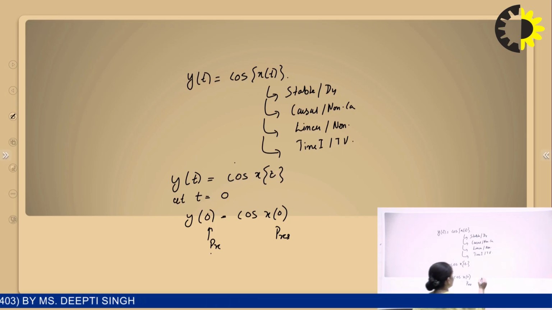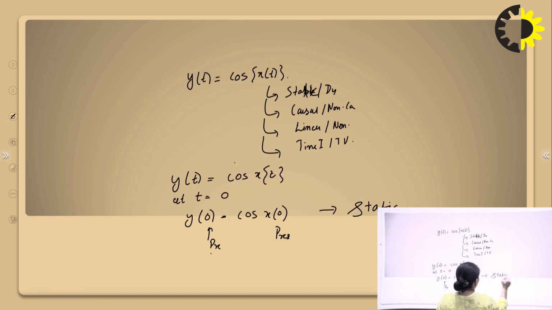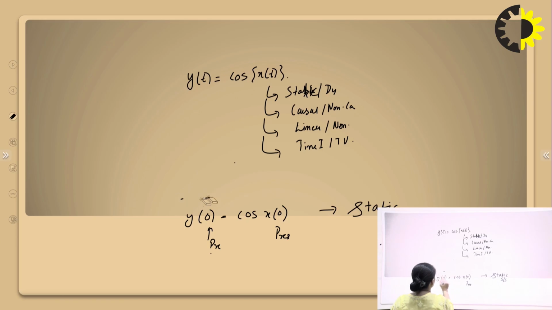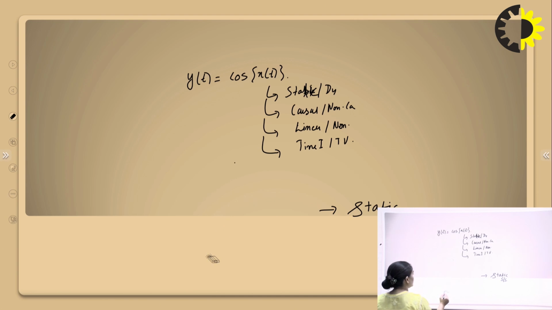That means it is a static system. Moving to the second part, that is causal or non-causal. Again it is static, that means it is causal.